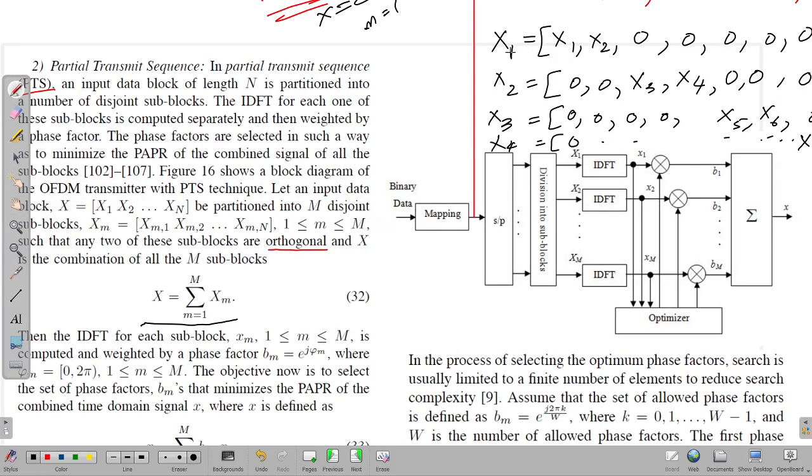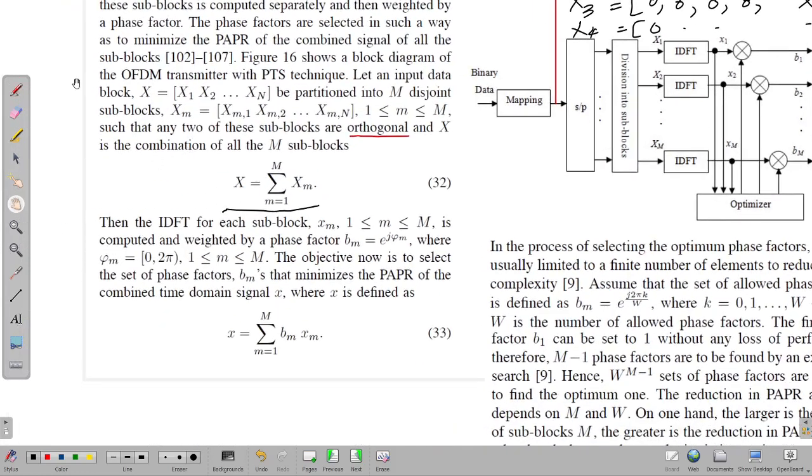After dividing into these subblocks, an IDFT is taken. It is again an N-point IDFT, and the time domain equivalents of these subblocks x1, x2 up to xm are given to an optimizer to select the value of bm.